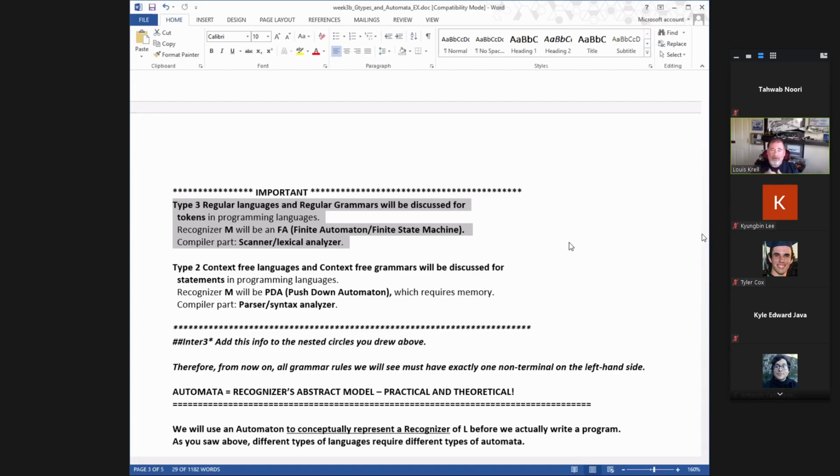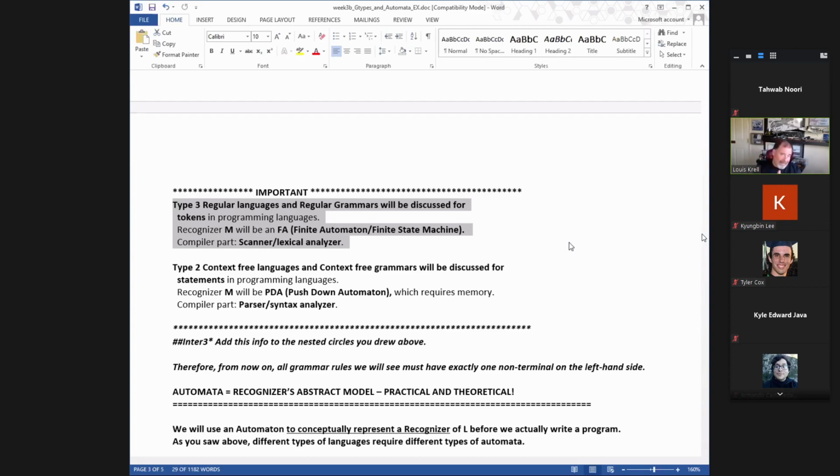Next one out is our type 2 grammar. It's the context-free grammar, which we also call the context-free language. And that's used for statements in programming languages. This is for the parser and the syntax analyzer, which is where we need some memory. So for the type 3, I talk about a finite automaton or a finite state machine.